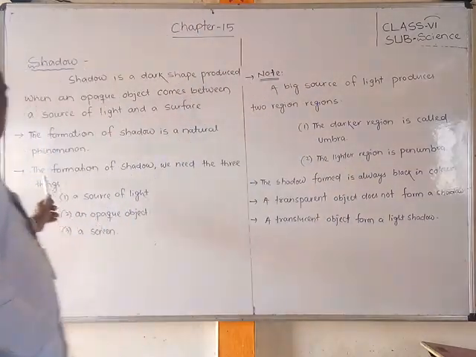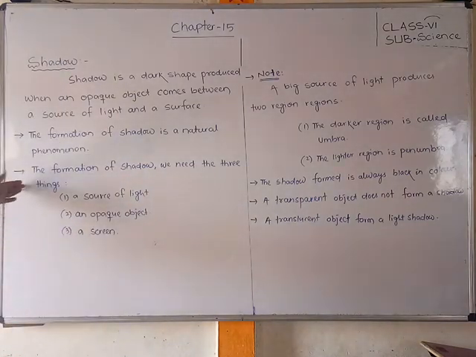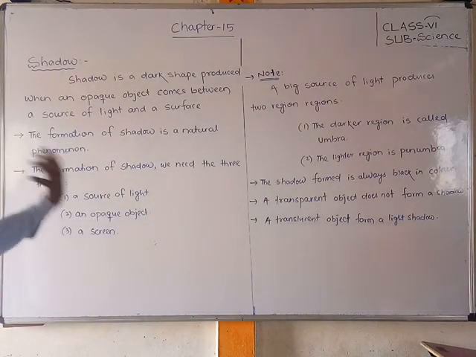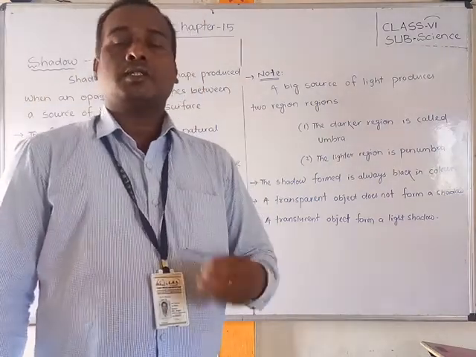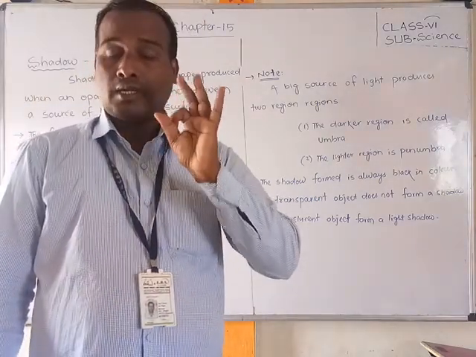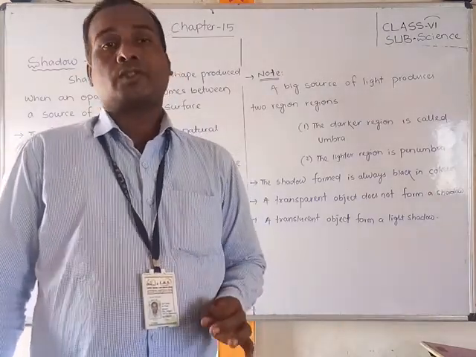To form a shadow, we need three things, as I already told you. One is the source, because without light we cannot make a shadow.